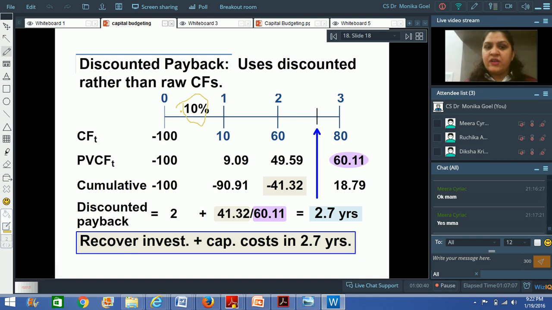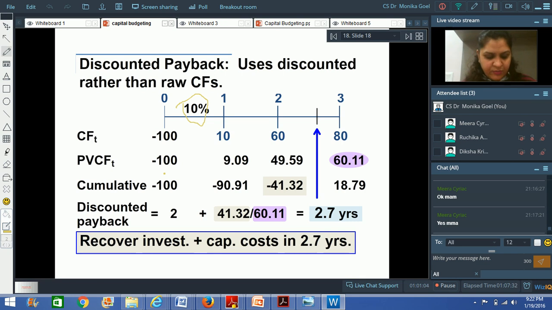As I said, this rate would be given to you in all capital budgeting questions. So in year 1, I'm getting 10 rupees. That means 10 divided by 1.1, because this is in year 1, which is equal to 9.09.